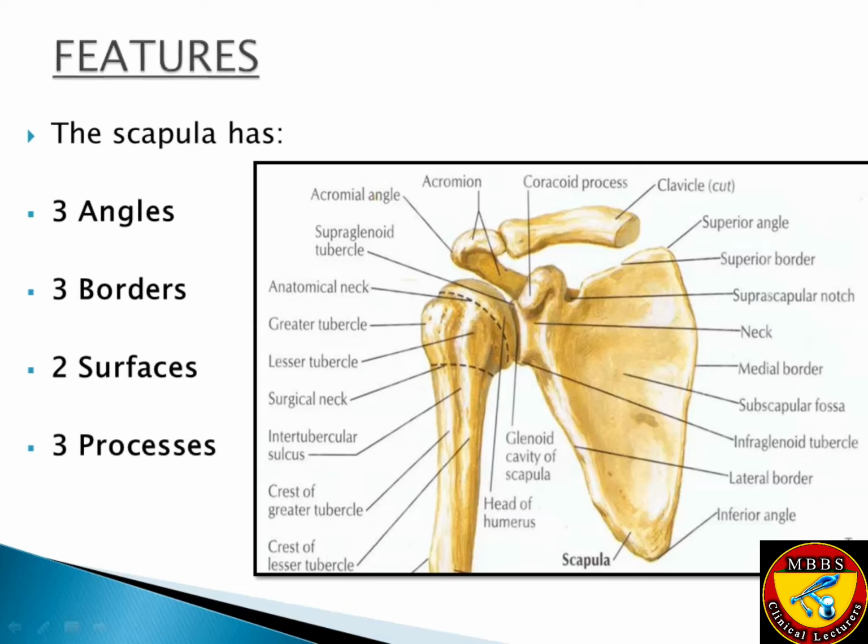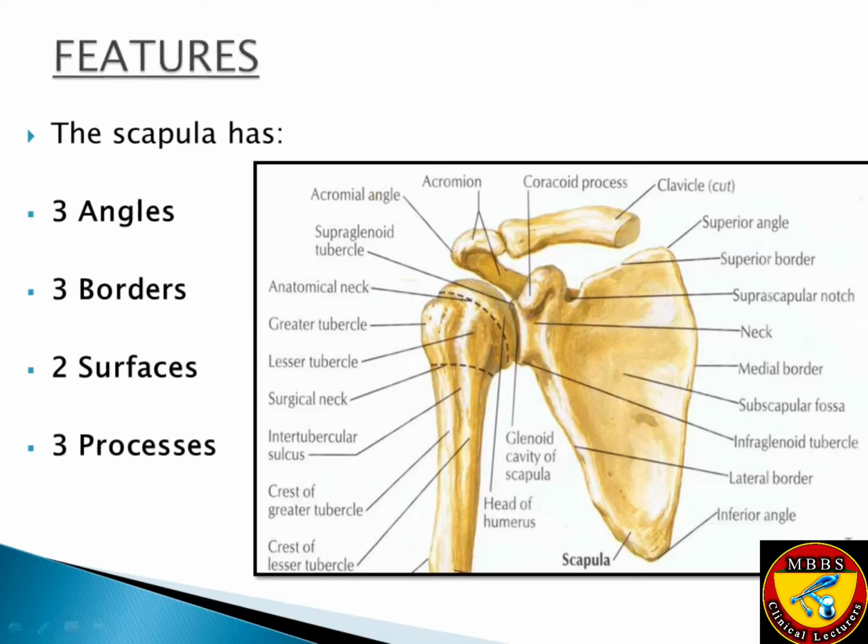The scapula, as we said, is triangular, so it has three borders: a superior border, a lateral border, and a medial border. It has two surfaces, an anterior surface and a posterior surface. It has three processes: coracoid process, a thumb-like projection just above the lateral angle.